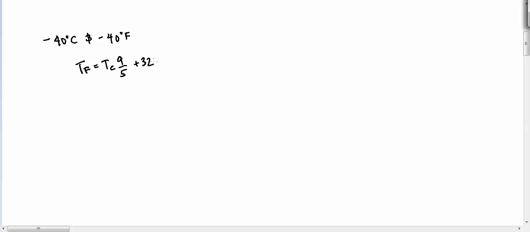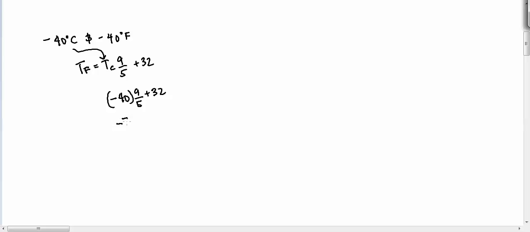So here's what I would do. I would honestly just say, all right, fine. If I plug in negative 40 degrees here, then my answer should be negative 40. And I can verify that this is true. So, negative 40 times 9/5 plus 32. Okay, so negative 40 times 9 divided by 5.